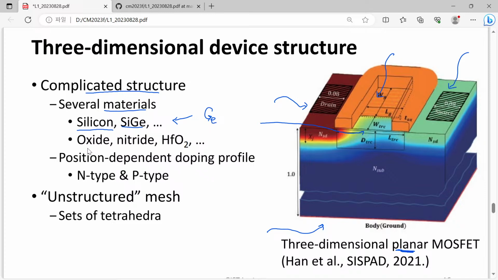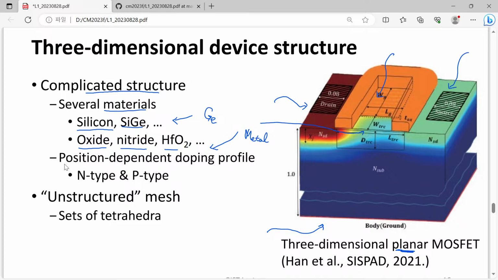And also we have insulating materials like oxide, nitride, hafnium oxide. We have many different insulating layers, and although I have not shown it here, we have also metals. Many different metals are involved in this scene.